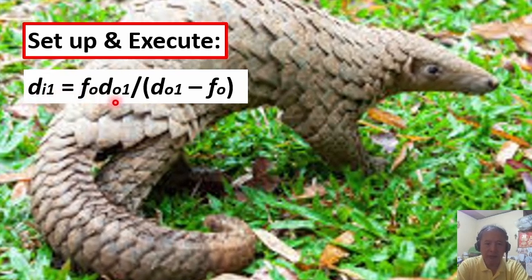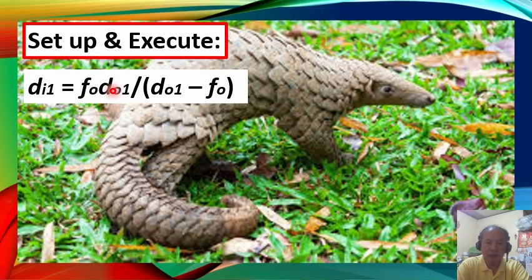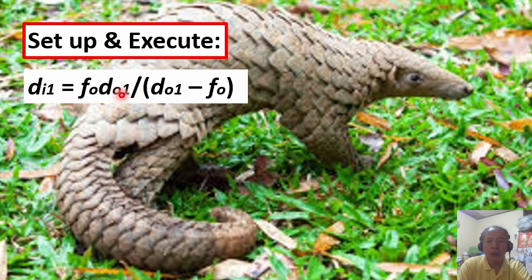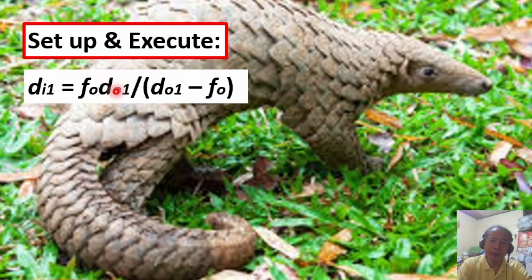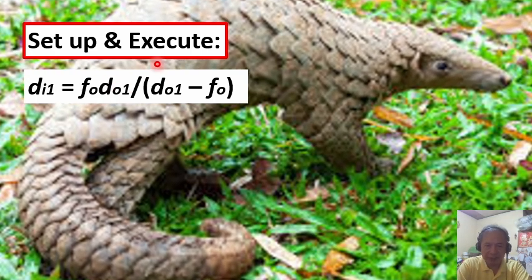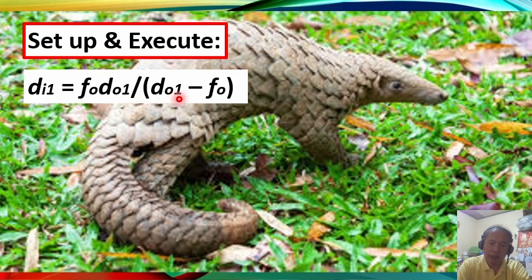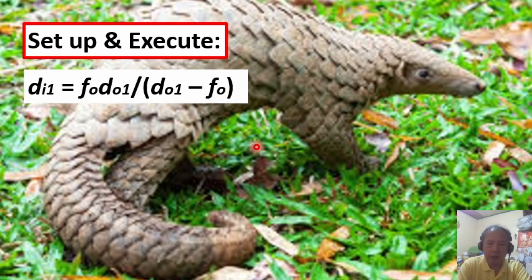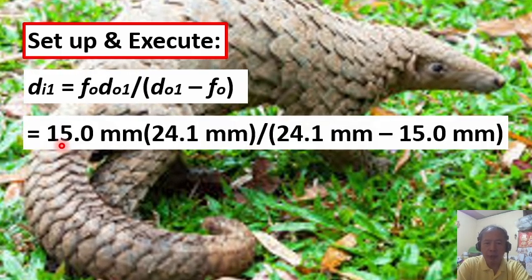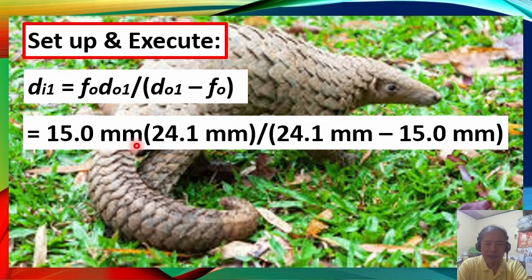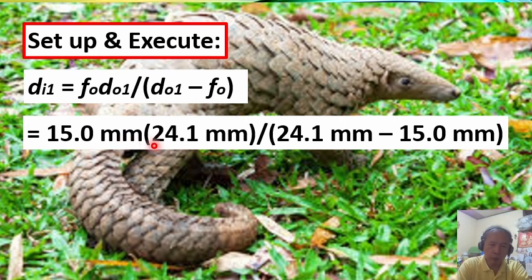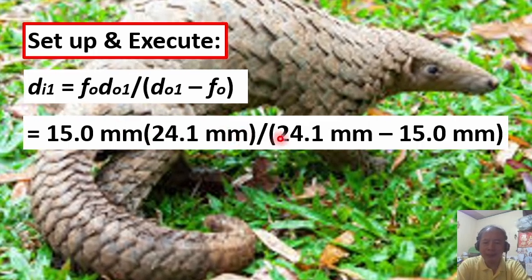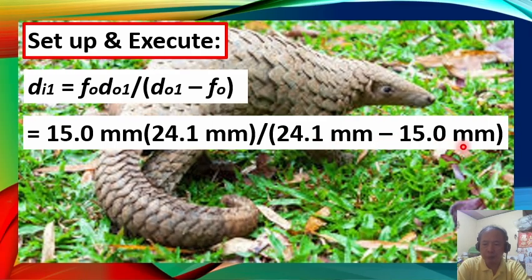D sub I1 equals the product of the focal length of the objective times d sub O1, or the distance of the object, okay, from the objective lens, and then divided by the quantity d sub O1 minus f sub O. So substituting the given quantities, we get d sub I1 equals 15.0 millimeters, that's the value of f sub O, times 24.1 millimeters, the value of d sub O1, and their product will be divided by 24.1 millimeters minus 15.0 millimeters.